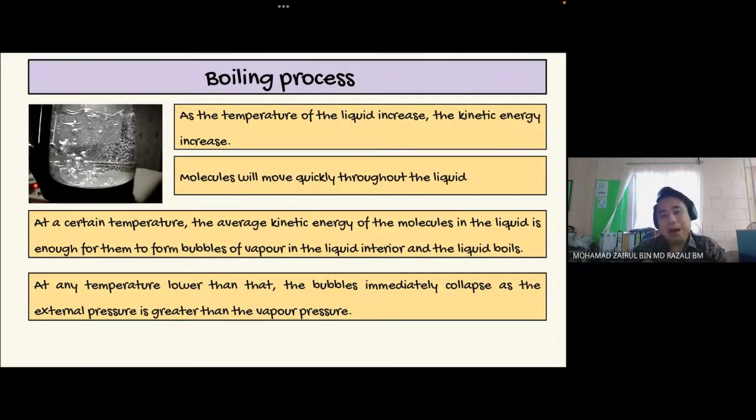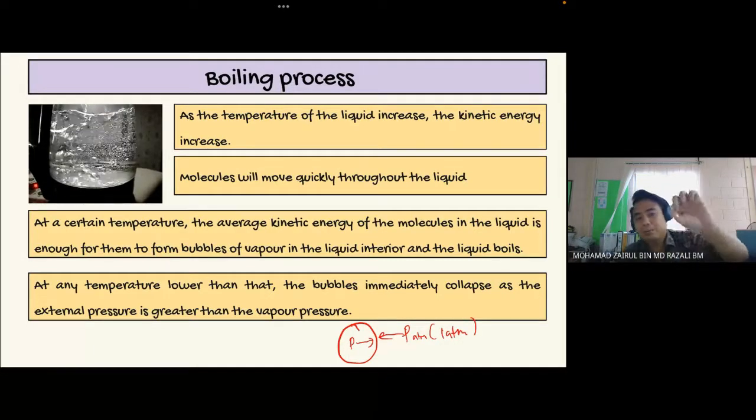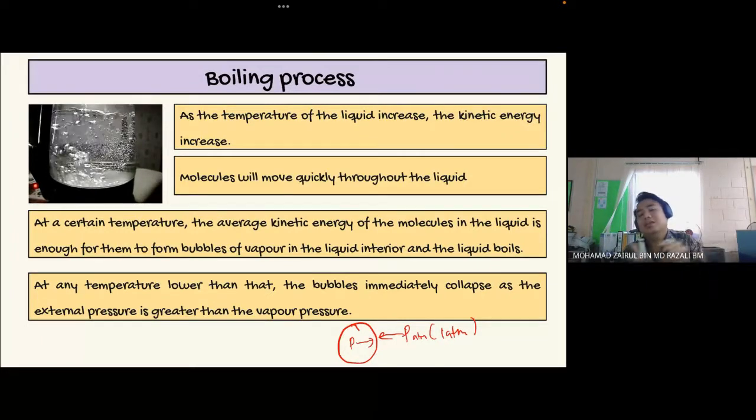Okay. Kenapa bubble itu tak boleh collapse? Sebab pressure exert inside the bubble itu is equal to the atmospheric pressure. Atmospheric pressure adalah 1 atm lah. So sebab apa bubble dalam liquid yang awak buat tu tak collapse, maknanya tak pecah?